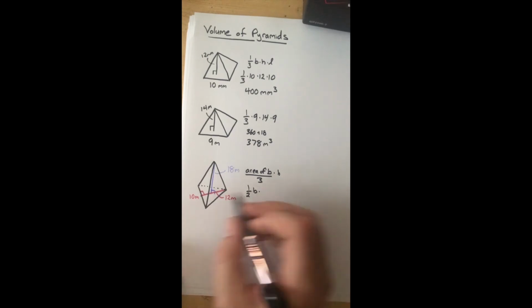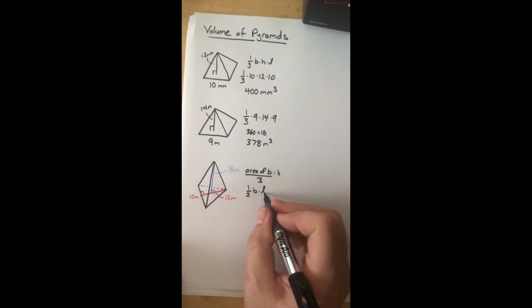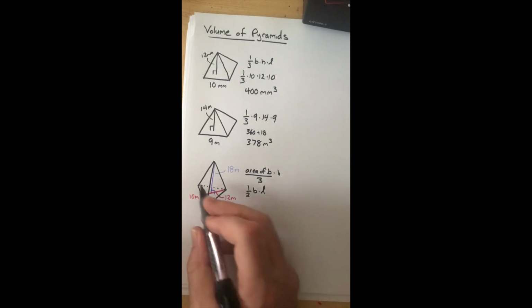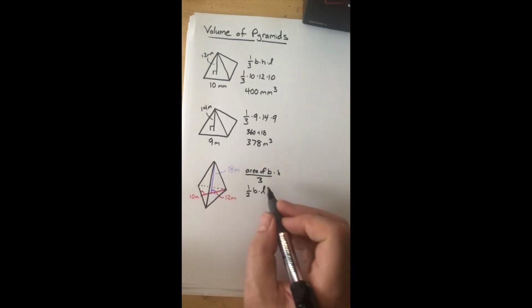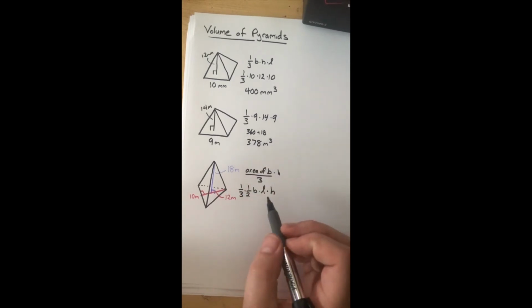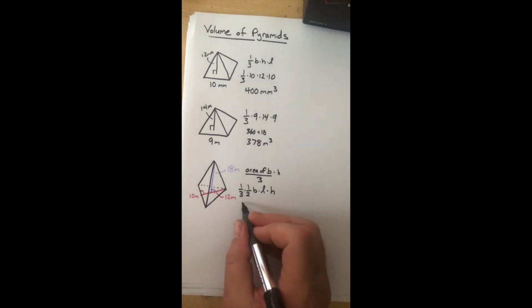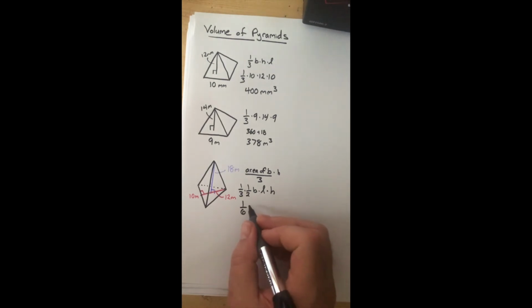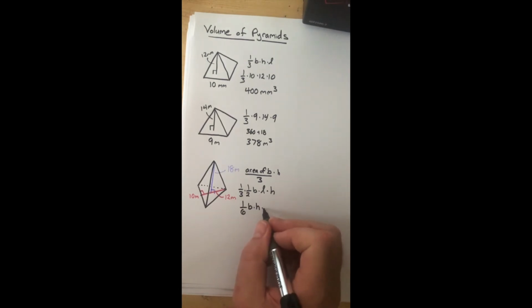So let's call that the length because we're not using that in this equation. So that's this bottom triangle right here, the 1/2 base times the length, and then there's the height in there. And the whole thing is 1/3 because it's a pyramid. So really you have 1/6 base times height times length.